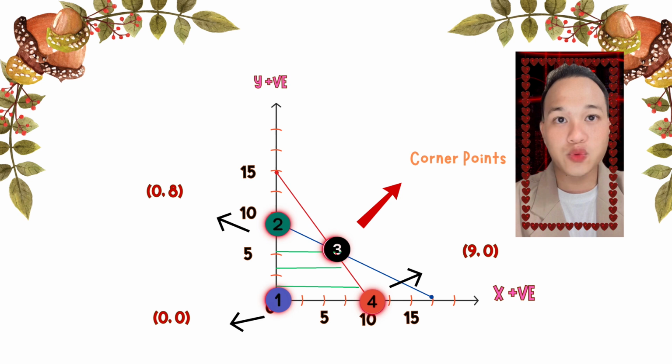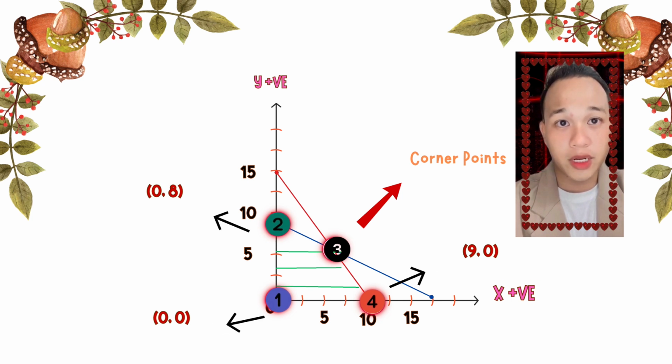To decide which one is optimal, I will find the coordinates of the points, plug them into the objective function, and then choose the best. At corner point 1, the coordinates are clearly (0, 0), at point 2 (0, 8), and point 4 (9, 0). Now, those are easy to see.